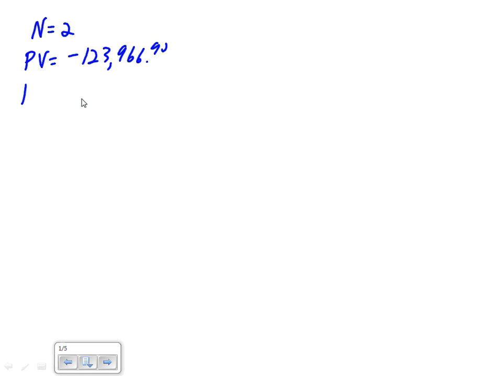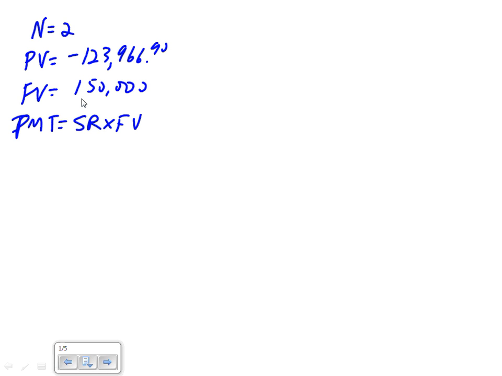And the future value, the amount that we're going to receive 2 years from now, is $150,000. Remember the payment is always the stated rate times the face value.